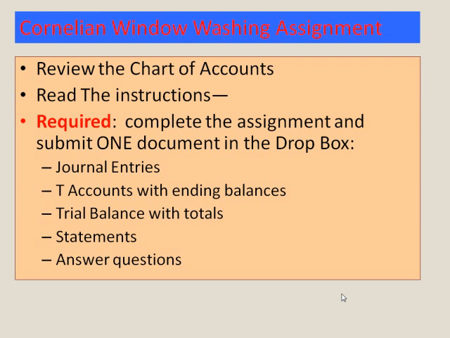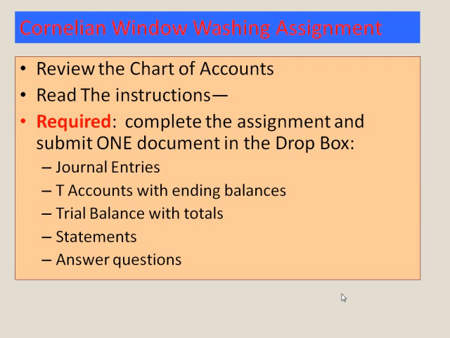They're in the 200 series, followed by the stockholders' equity accounts, and you're only going to be using common stock, retained earnings, and dividends in there, followed by one revenue account, service revenue, 400 series, and finally the expense accounts in the 500 series.